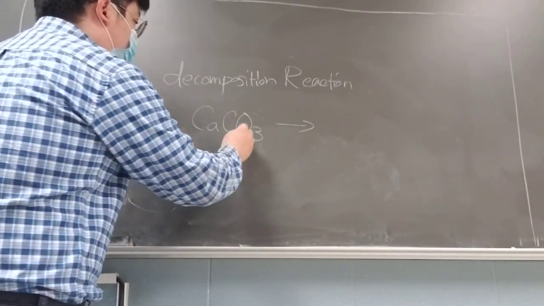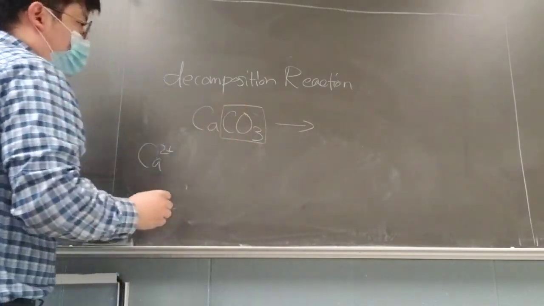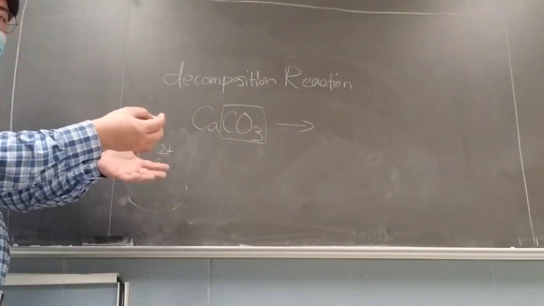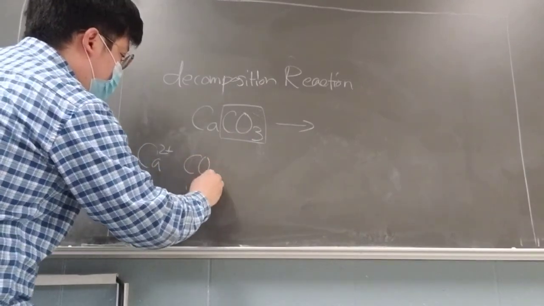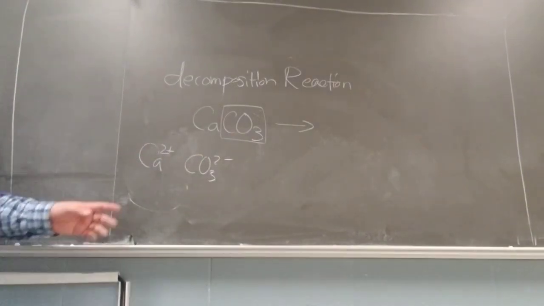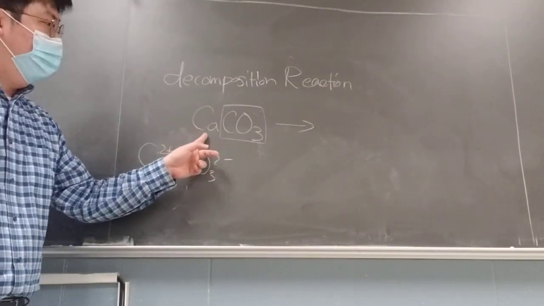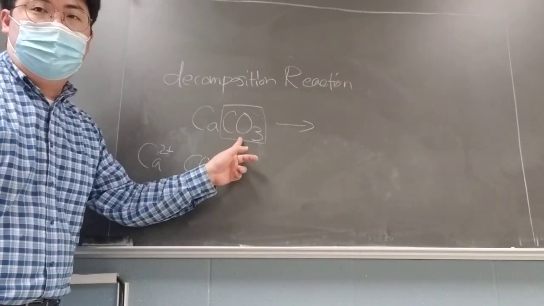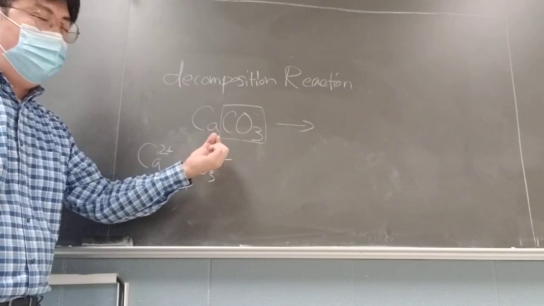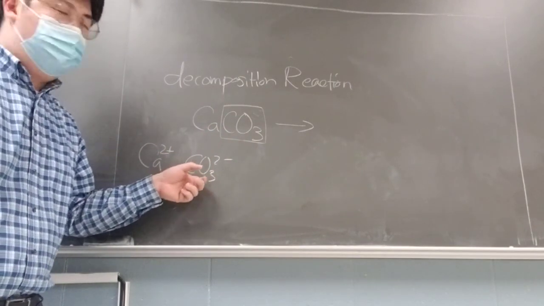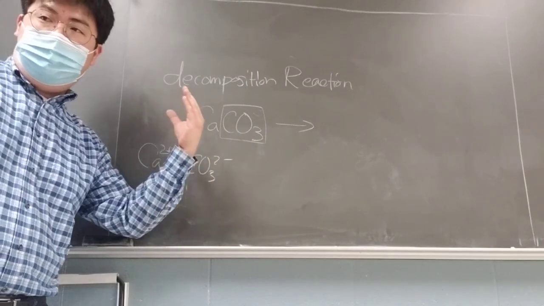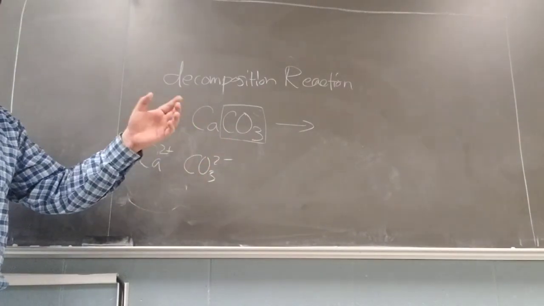And that makes this carbonate another example of a polyatomic anion that has -2. Because you see there's one calcium and one carbonate anion making one ionic compound, and we know the calcium has 2 plus, this carbonate should have -2. That is indeed right, the carbonate carries a -2 charge.